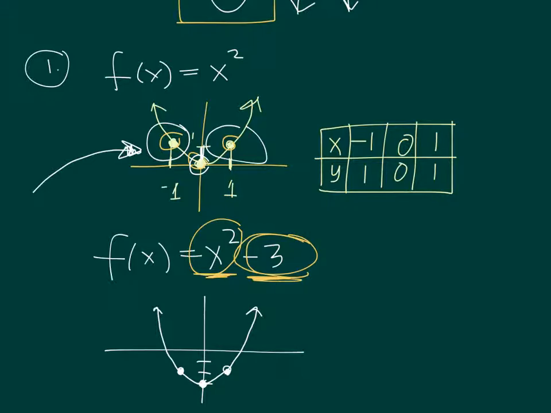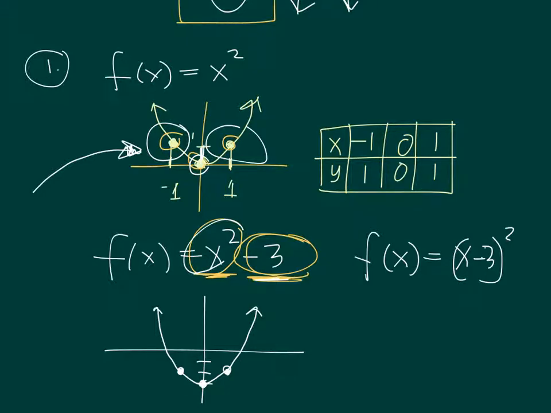Now do not be confused when the function is like x minus 3 and then squared. Okay, they're not the same. x squared minus 3 means you're subtracting 3 from x squared. So that is why the graph moved down by 3 units.